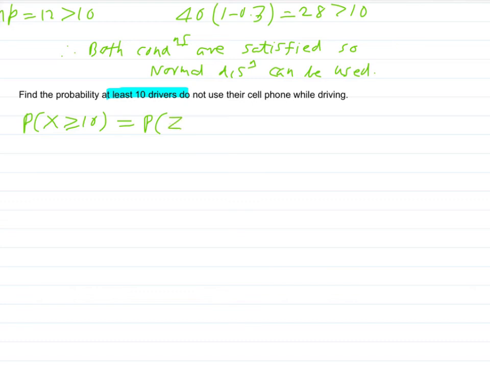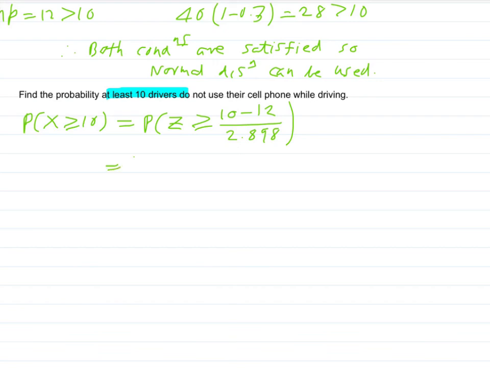We can convert this to Z greater than or equal to (10 minus mu) over sigma, where sigma is 2.898. So that is the probability that Z is greater than or equal to this whole part.